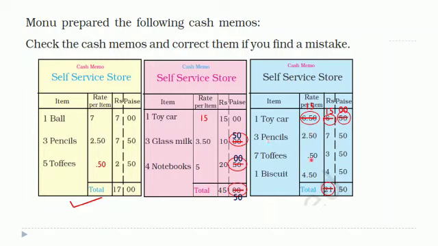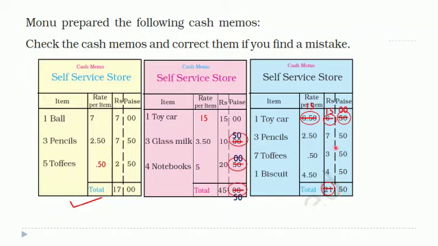For pencil, 1 pencil is 2 rupees 50 paise, 1 toffee 50 paise, 1 biscuit packet 4 rupees 50 paise. So 3 pencils will cost 7 rupees 50 paise, 7 toffees will cost 3 rupees 50 paise, and 1 biscuit packet is 1 rupee 50 paise. Now when we add all these, 0 plus 0 plus 0, 0 we will get, and then 5 plus 5 is 10, 10 plus 5 is 15.